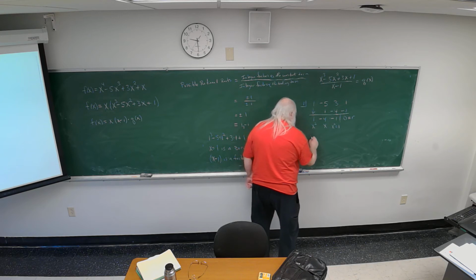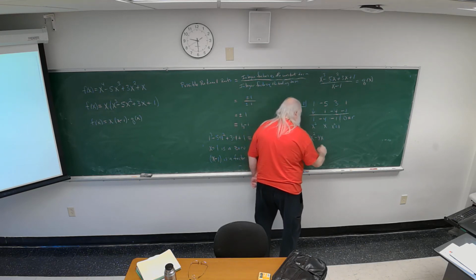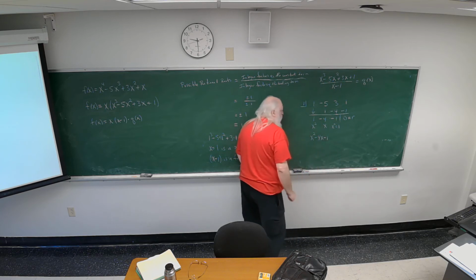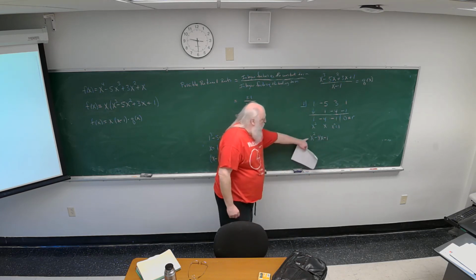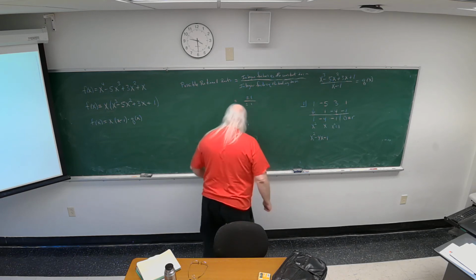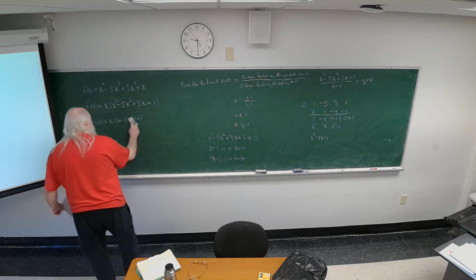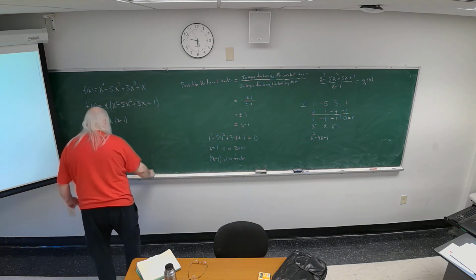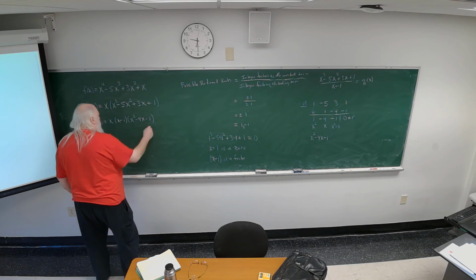So we have 1 times x squared minus 4 times x minus 1 times 1. So our unknown quadratic q of x is x squared minus 4x minus 1. So we can replace q of x over here: x squared minus 4x minus 1.